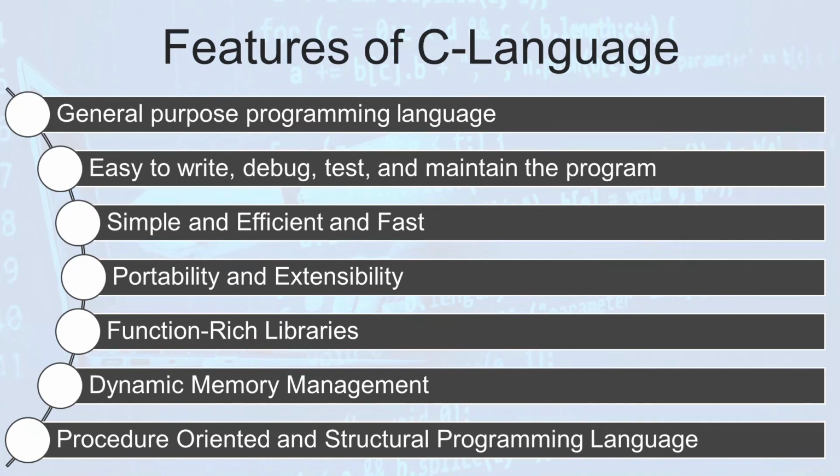And what is structural programming language? Now C provides various kind of data types, but you can also create your custom data type using a feature called structure. So C is also called structural programming language. Now all these features of C language made it popular.